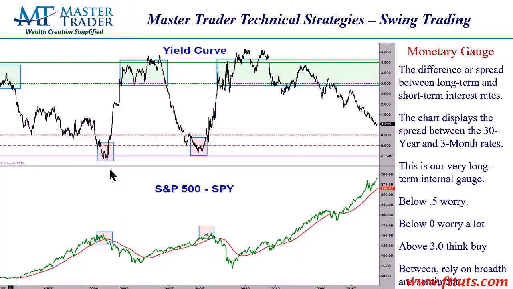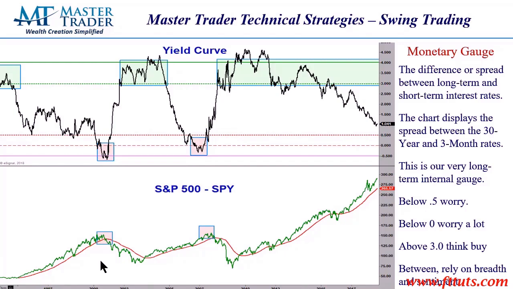You can see back in 2000, where it had gotten near inversion, and then in inversion, it took a while before the market started to move lower. So just knowing that ahead of time is a huge advantage. Don't expect this to be pinpoint accurate, where it reaches an inversion and then you get an immediate turn in the market, because historically it just doesn't happen that way, but it's extremely accurate.